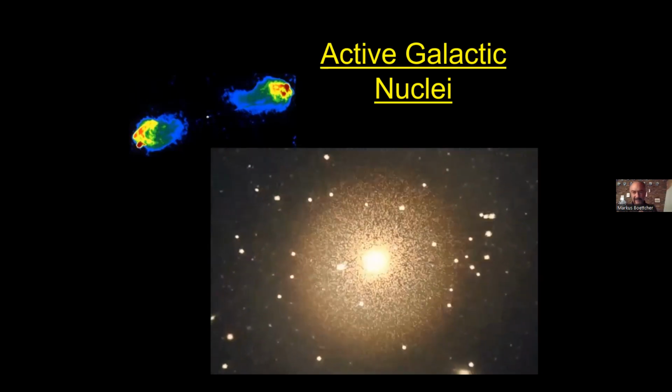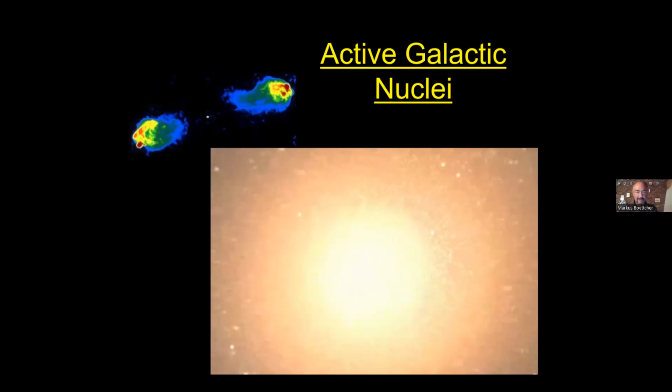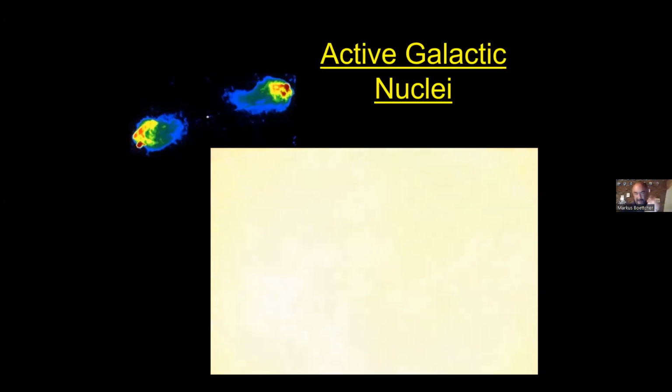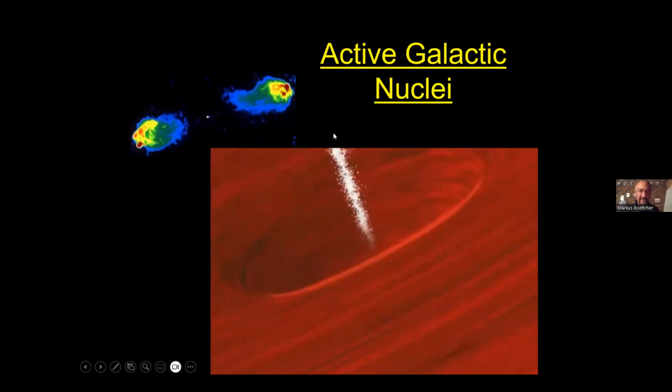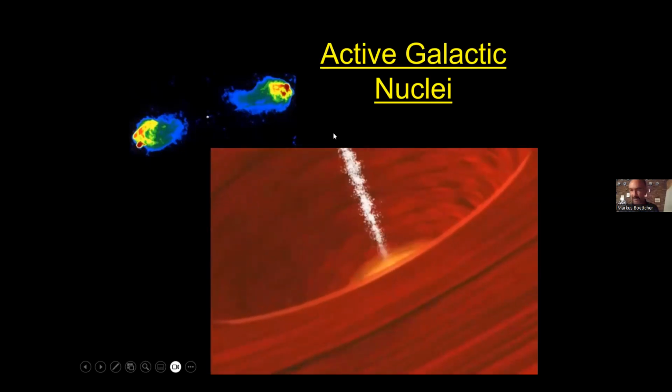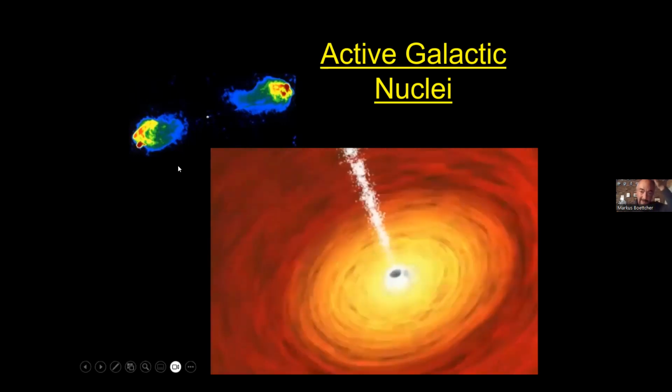Through processes that are still not quite understood, it's not only swallowing gas inward, but it also ejects gas along streams perpendicular to the disk. These streams, we know now, are moving essentially with the speed of light, with Lorentz factors of 10 or 20 or so. I'll say in a minute how we know that.